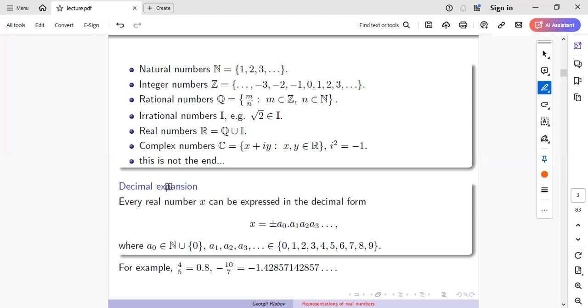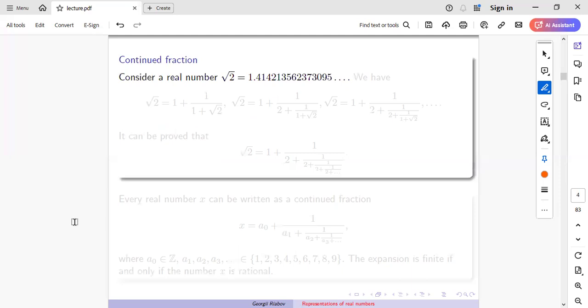However, decimal expansion, which is of course very useful in computations, is not the only one. At first, consider a special example. So consider the real number root of 2, which is an irrational number.